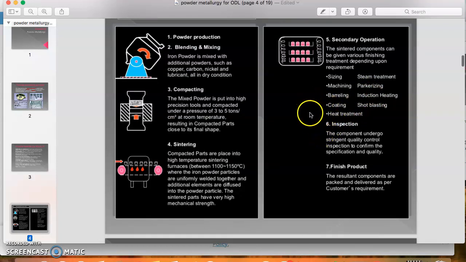And then an additional secondary operation is infiltration and impregnation. We will discuss that later.